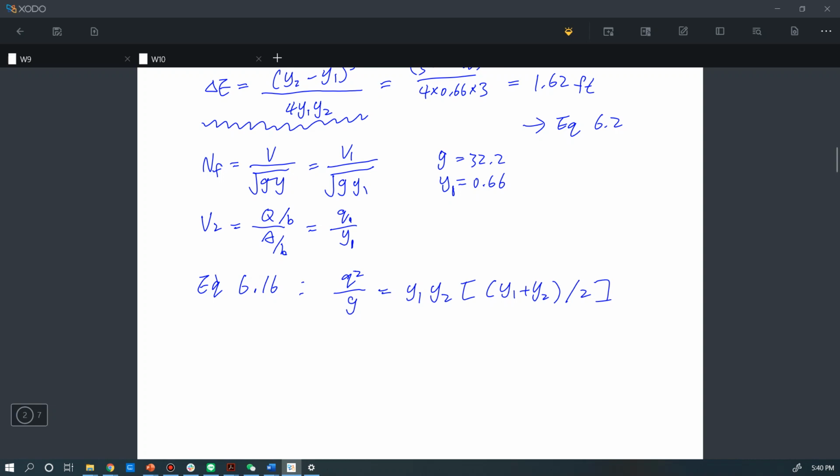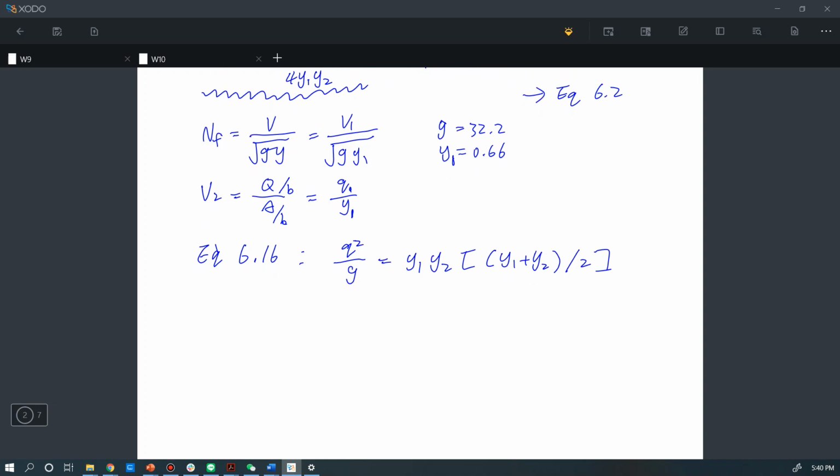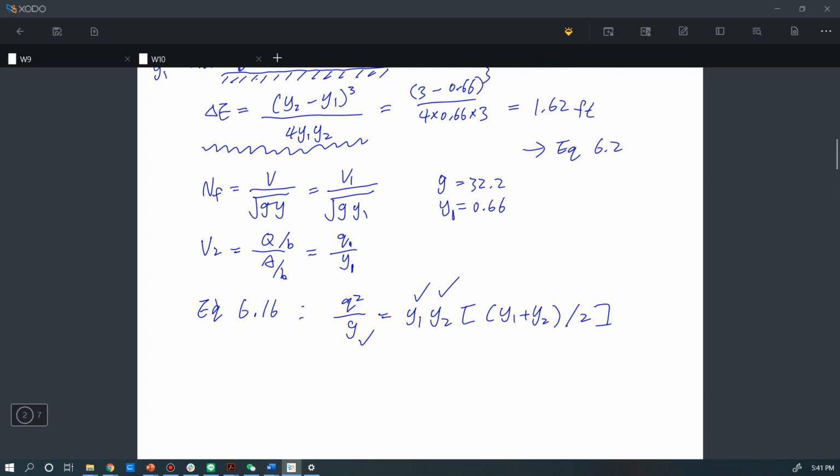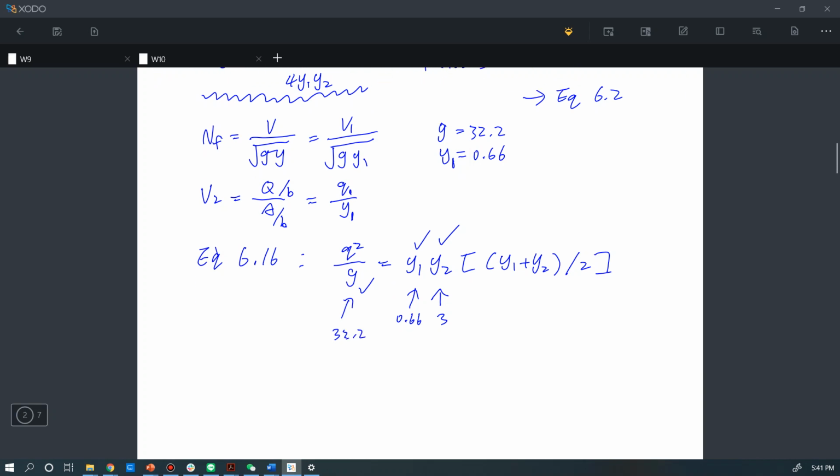Again, the textbook shows you a detailed derivation for this equation, so I encourage you to read the textbook. But here we're going to just apply this equation to solve for q, because we know y1, we know y2, and we know g, so we can calculate this q. You just plug in y1 is 0.66, y2 is 3 feet, g is 32.2, and you type it out using the calculator.